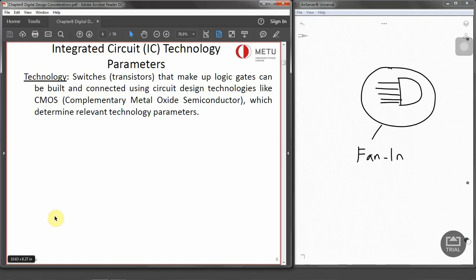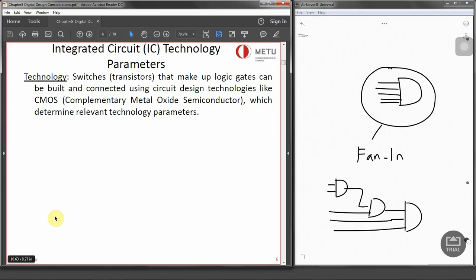So fan-in is limiting the high-speed technology, and we have to be careful how we design the circuitry. Rather than having tens or hundreds of inputs to one gate, we might try to have a couple of inputs, and then integrate it with another input and more.